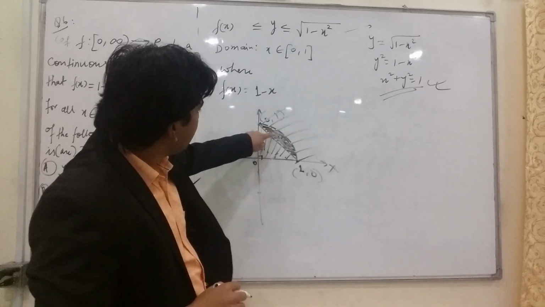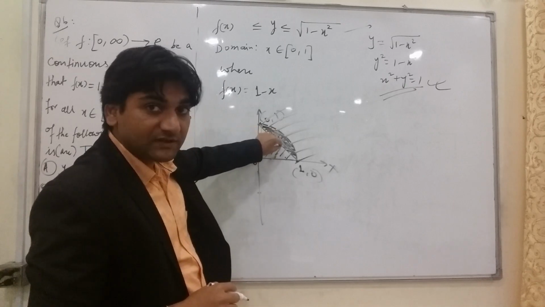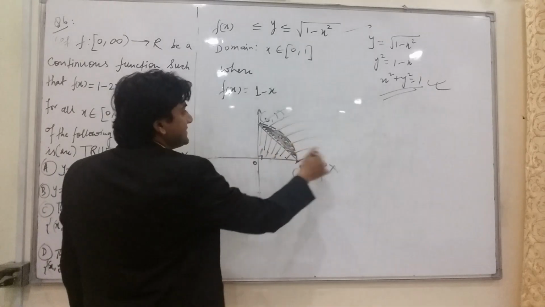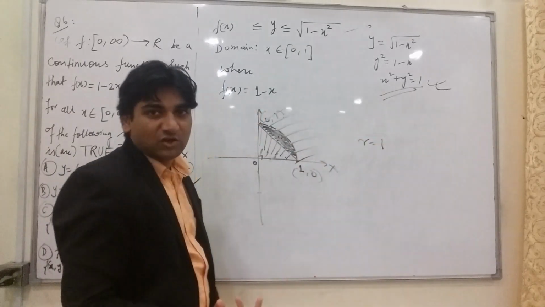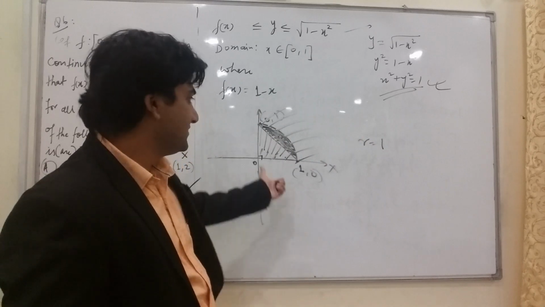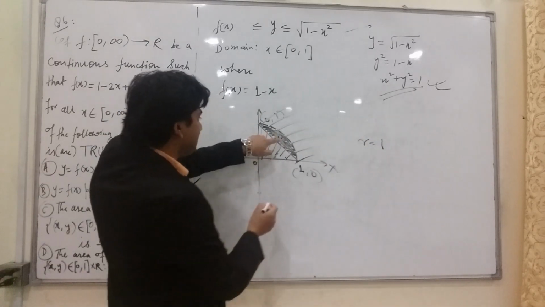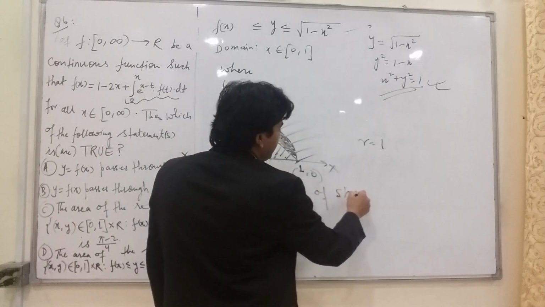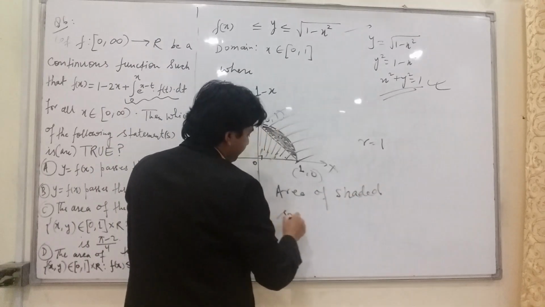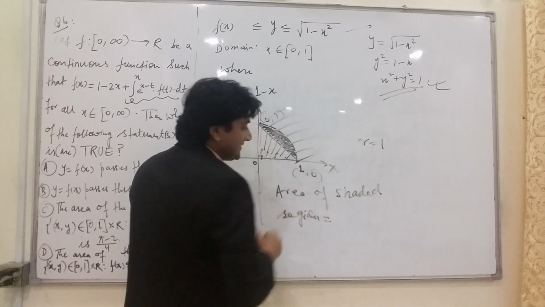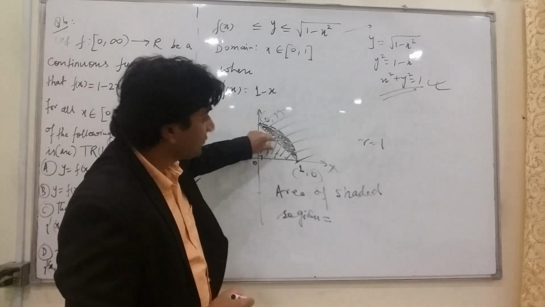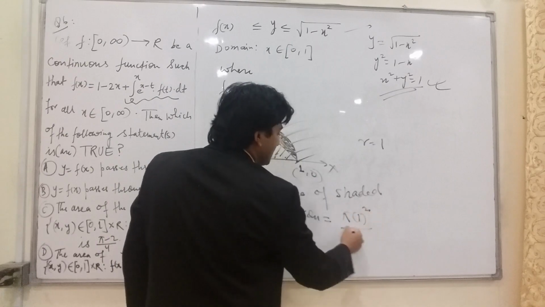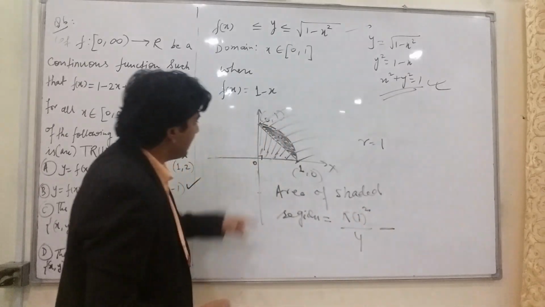The area of this portion is the area of 1/4 of the circle minus the area of this triangle. I can use calculus also, but I don't want to use calculus. This is a simple one. So area of the shaded region equals 1/4 of the circle area, that is pi r square over 4 with radius 1, minus the area of this triangle.